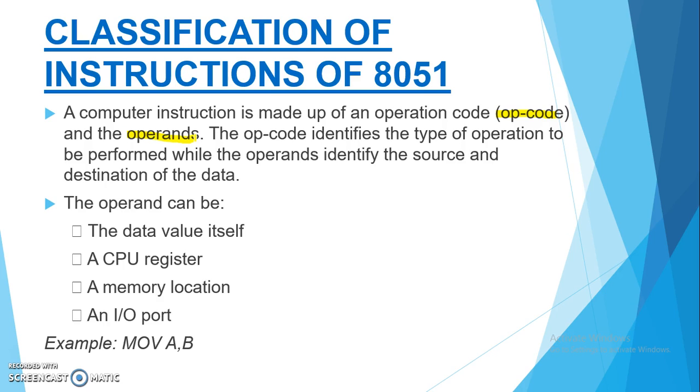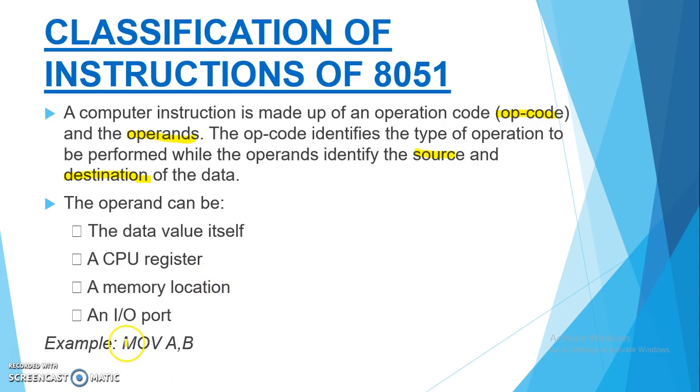And the operands are nothing but the places where we are performing the operations. Operands are the source or destination of the data. They carry data. An operand may be a data value itself, a CPU register, any memory location, or any IO port.